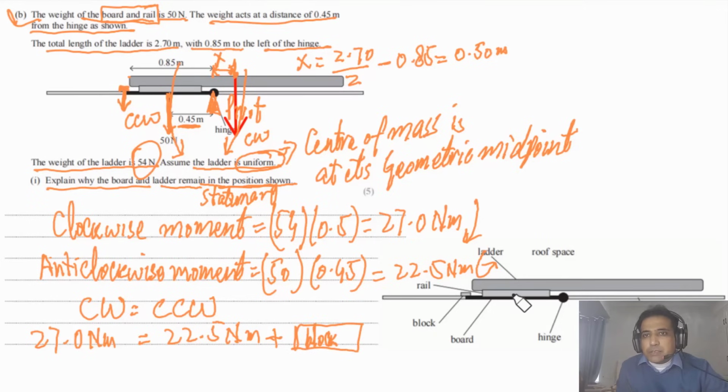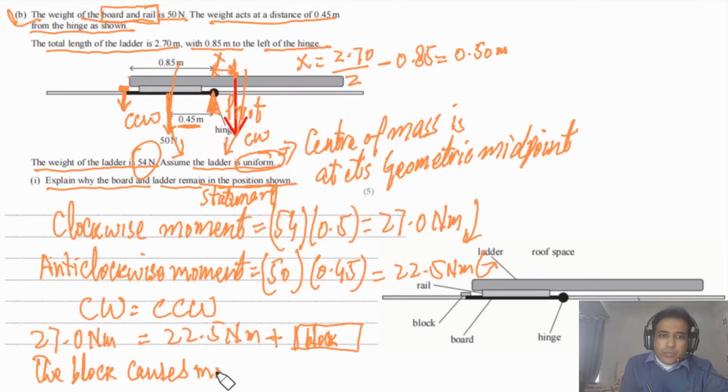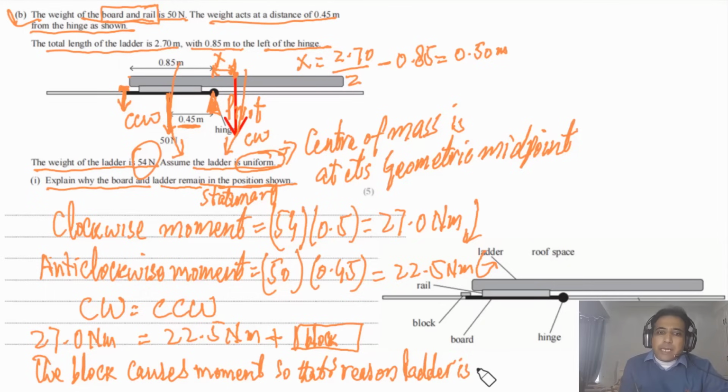So in this case, we will say the block exerted force causes moment. That's the reason the ladder is in equilibrium, or we can say it remains in its position.